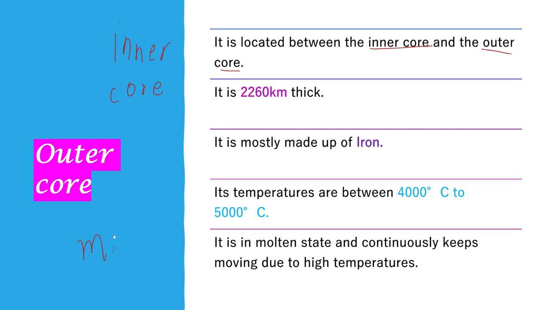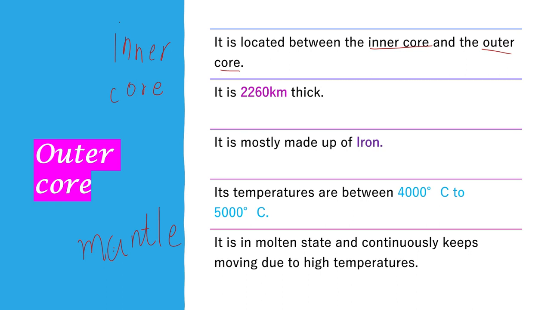You may ask, what? Inner core? We are talking about the outer core, so how could it be inner core, right? So it is mantle. It is 2,160 kilometers thick, and it is mostly made up of iron.